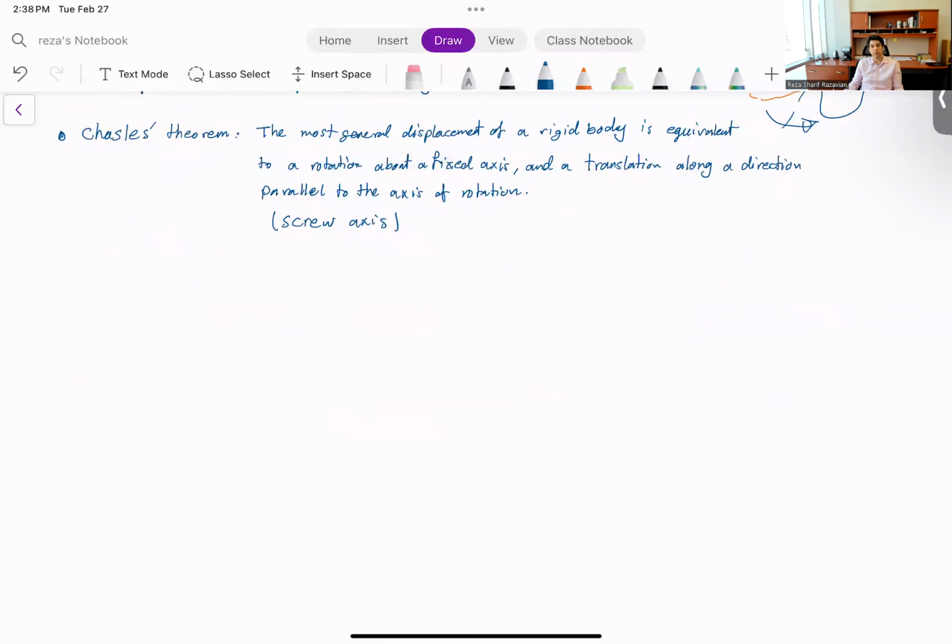Again, this Chasles' theorem applies, and at this instant, you can find some axis of rotation that the body is rotating some d theta around, and a displacement dr that the body is translating parallel to that.